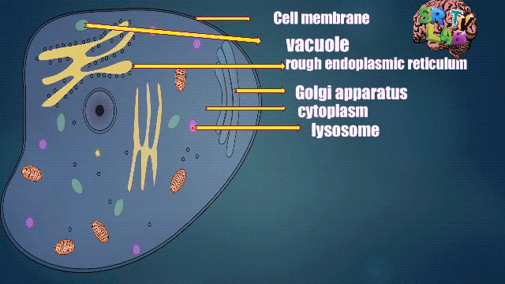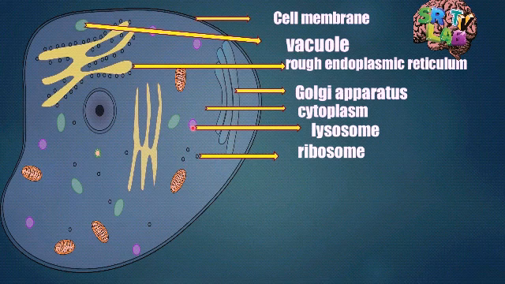Let's see another part of the cell, which is called the ribosome. Ribosome is another key part of the cell. It's another organelle. The DNA molecule, normally housed in the nucleus, contains the blueprint for all the proteins produced by any cell. These blueprints are read and interpreted by the ribosomes.